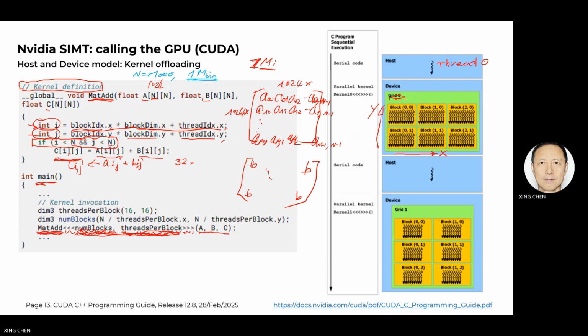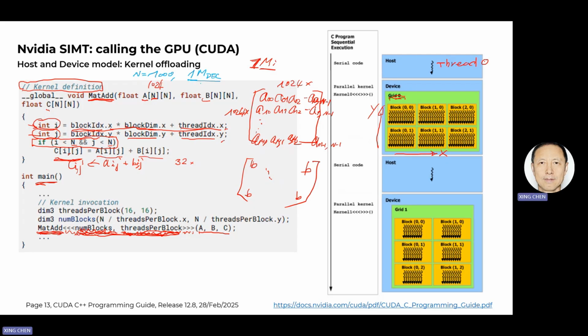Sorry, I'm really sorry. I made a mistake. This is a decimal million. I'm confused. So what I'm trying to say is that n is 1,000, and you are going to have 1 decimal million elements.